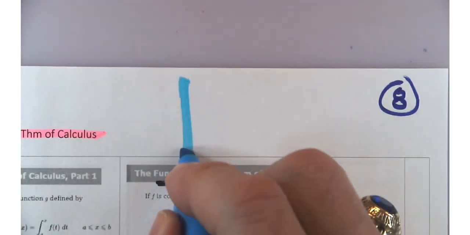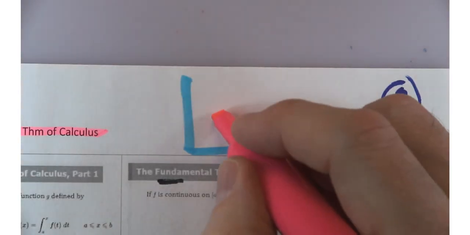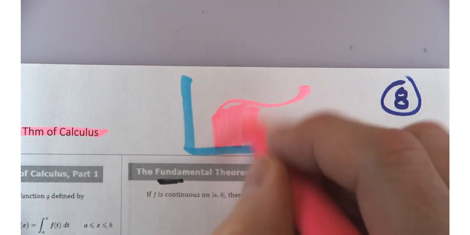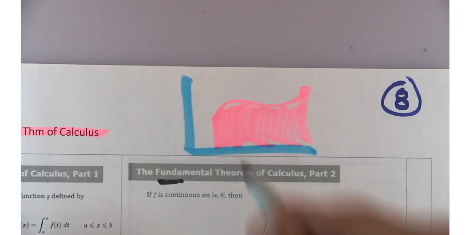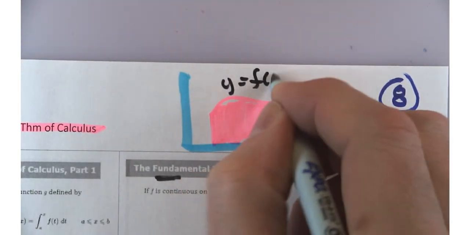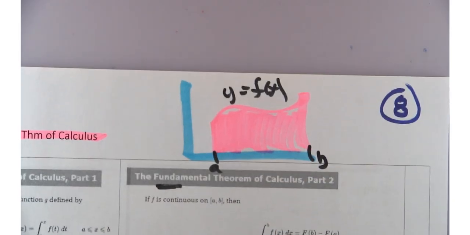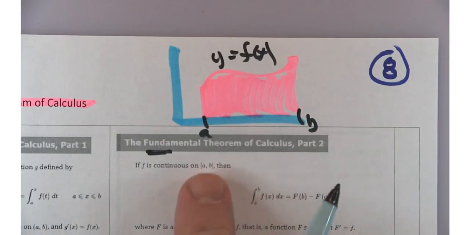It's the area underneath a curve between points A and B. So it's just going to be this area right here when you've got y equals f of x between A and B.